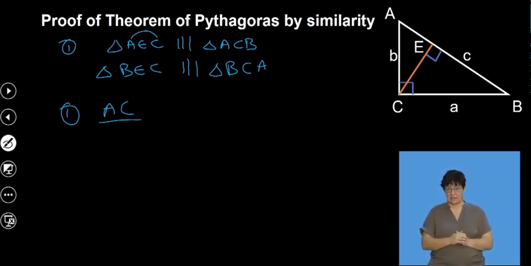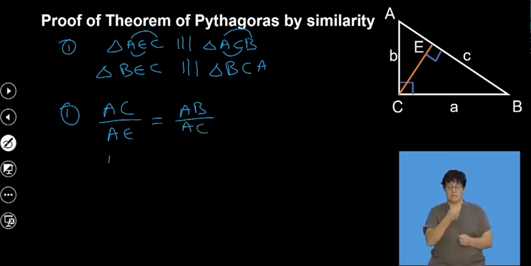Then it must be equal to, because I took the last ones there, AB, which is the hypotenuse side, so that's AB over AC. If I simplify this, it gives me AC squared is equal to AE multiplied by AB. I leave it there. This becomes my equation number one.